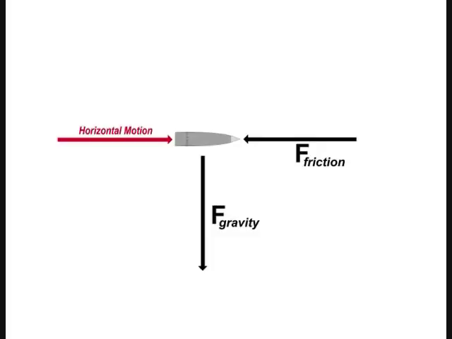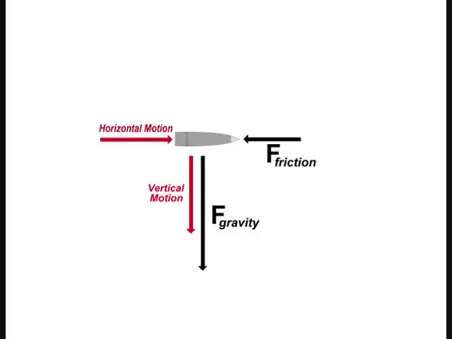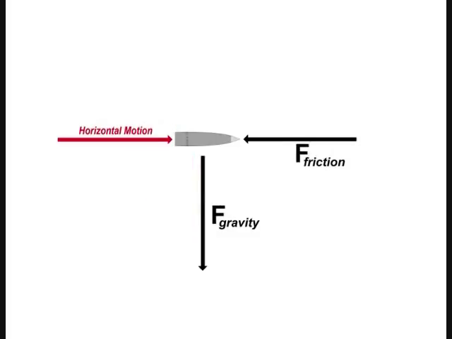That's going to change with humidity, air density, barometric pressure, lots of different things. The forward velocity, how fast your bullet's going, and the ballistic efficiency of your bullet, like the ballistic coefficient we talked about earlier, are all going to have a huge effect on that friction. So the friction portion of force here is going to be changing all the time. That's going to be the hard part. The gravity part is going to be pulling straight down at 9.8 meters per second squared all the time. Gravity is a constant.